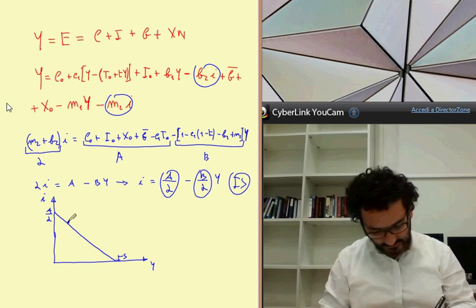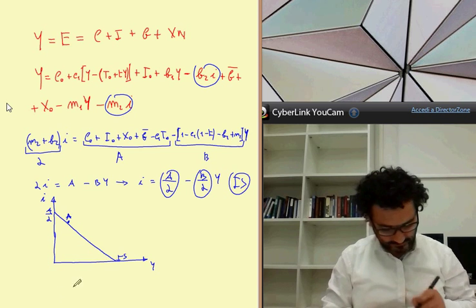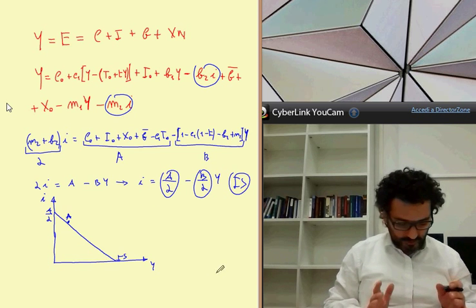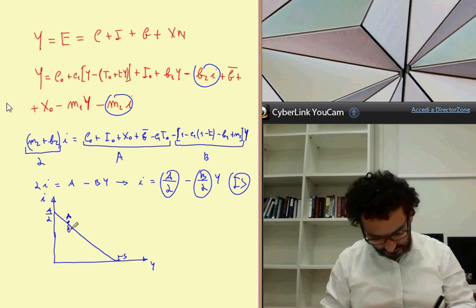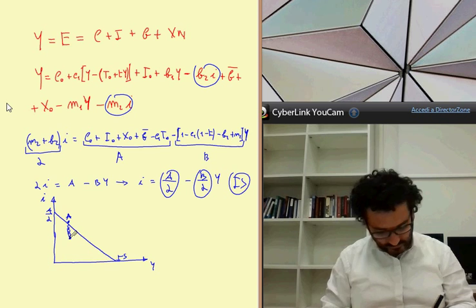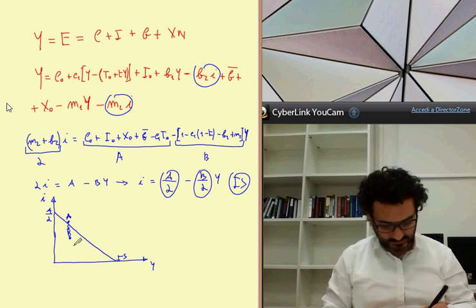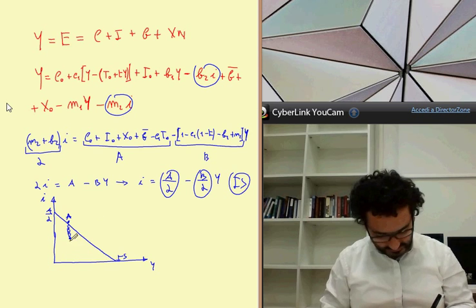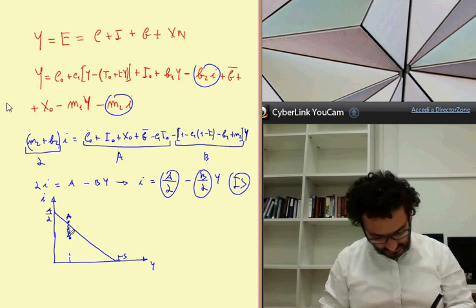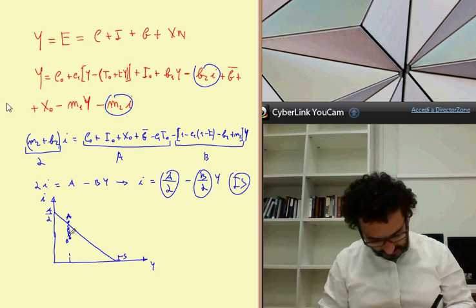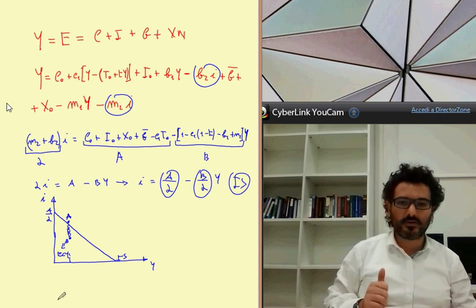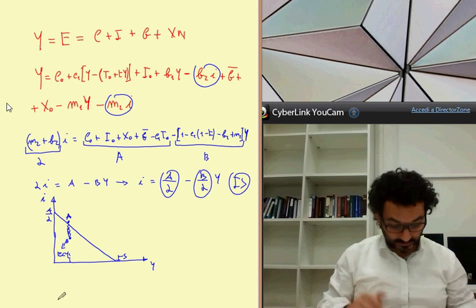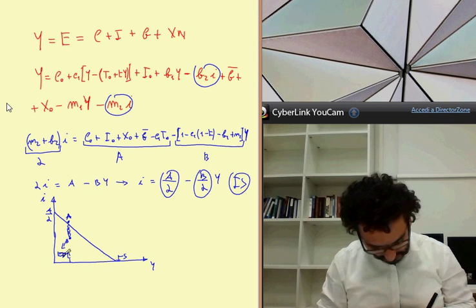If we start from point A, for instance, at this point we have equilibrium in the goods market. If the interest rate goes down, we have no equilibrium in the goods market, implying that given this level of income, at this point, which we can call B, the total expenditure will be greater than income.